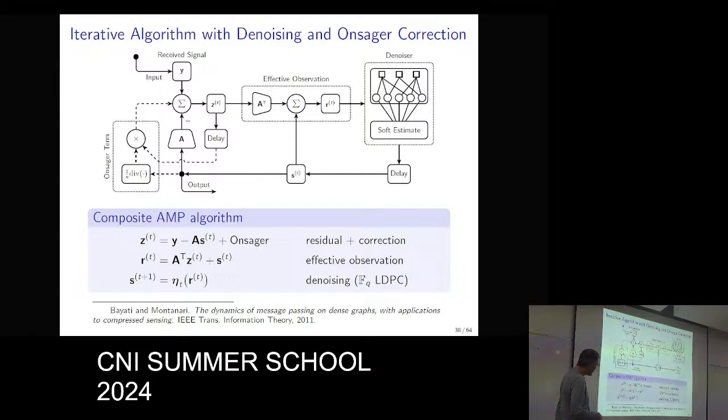And the Onsager term, how we talked about it, was heavily inspired by this beautiful paper by Bayati and Montanari, which most of what we've seen is based on. But I will say that this paper is not particularly accessible, so I was trying to simplify some of the presentation.